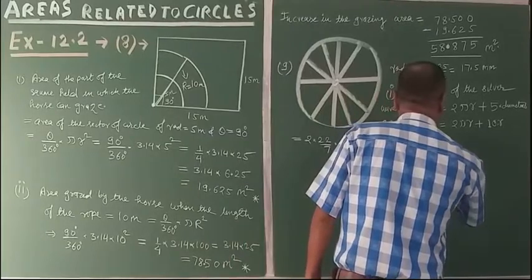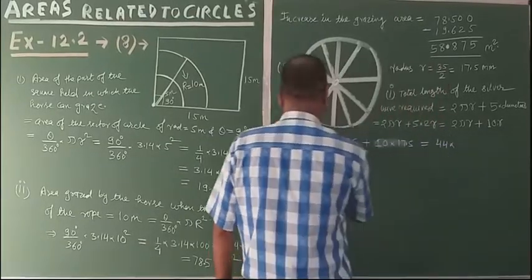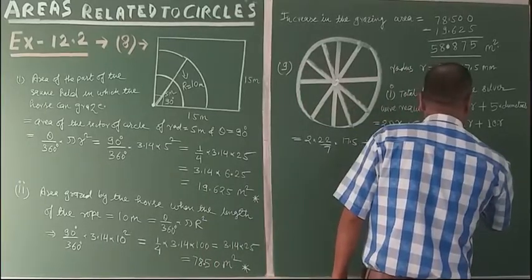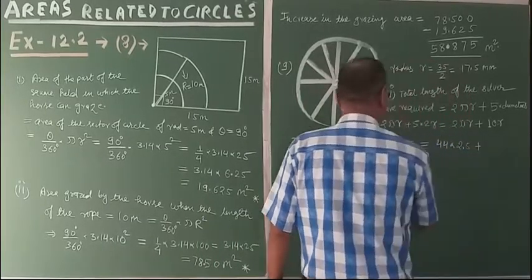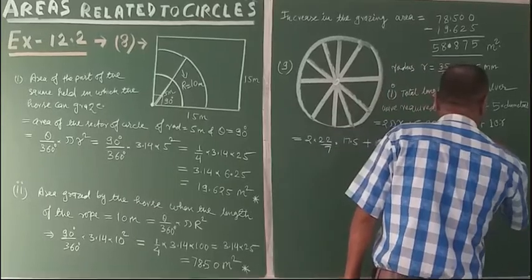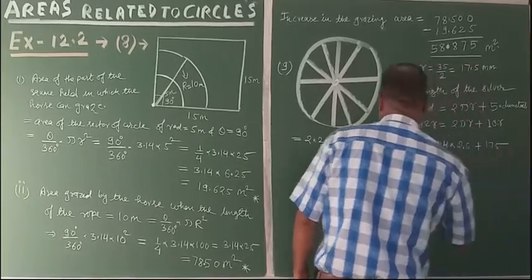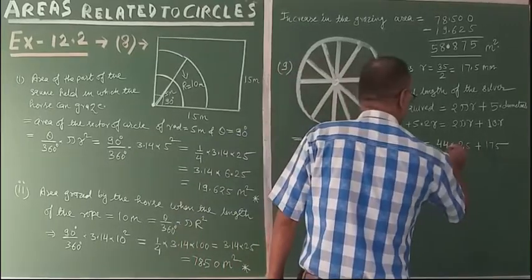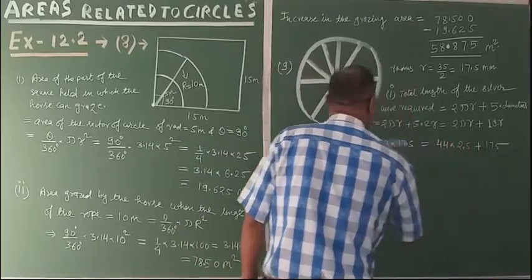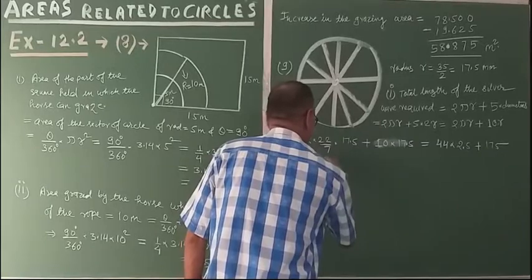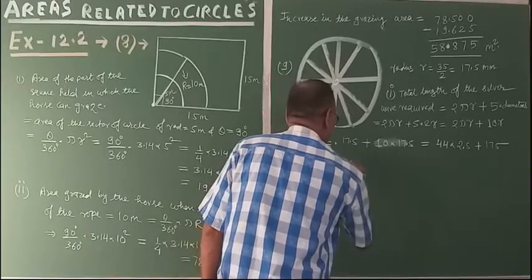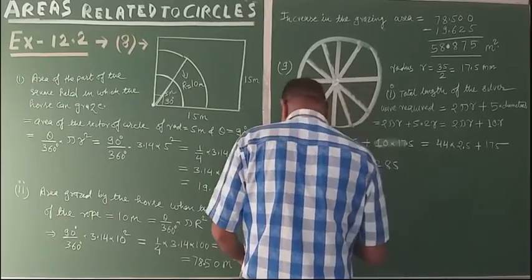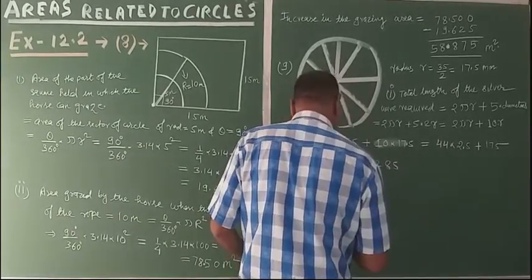This is 44, 22 is 44, and this will 2.5 plus 10 into 17.5, 175. So when you will multiply this, so 20, 40, 100, 110 plus 175. This will become 285 mm.